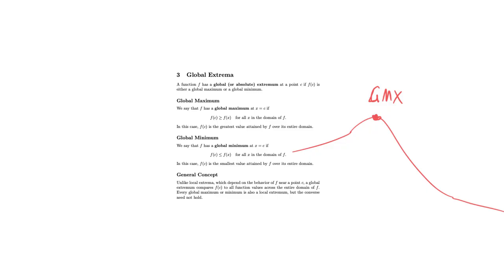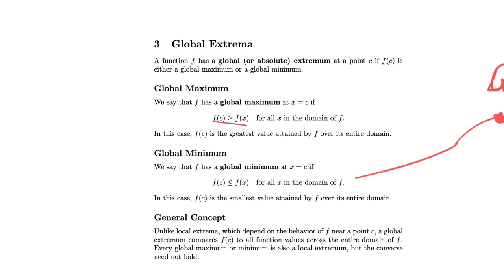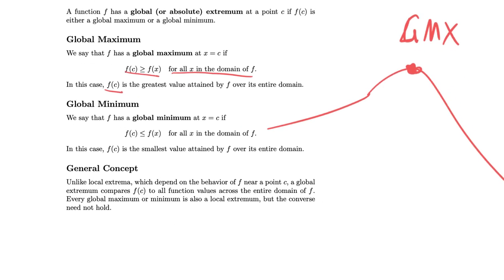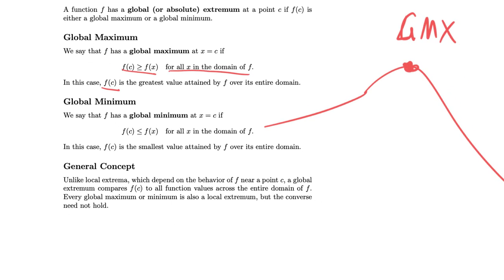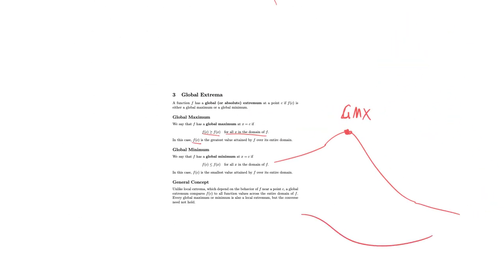So if we have f of c greater or equal to f of x for all x in the domain of f, then f of c is the global maximum. We can define global minimum very similarly. So if you have an x that has a value less than or equal to everyone else's, then that is a global minimum.